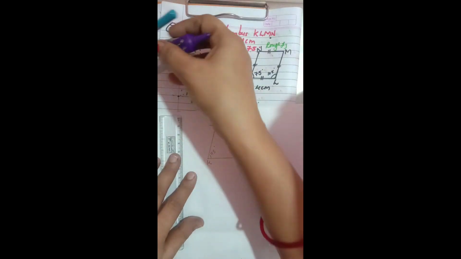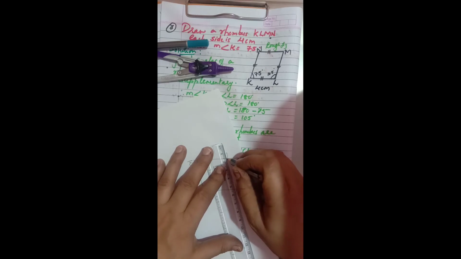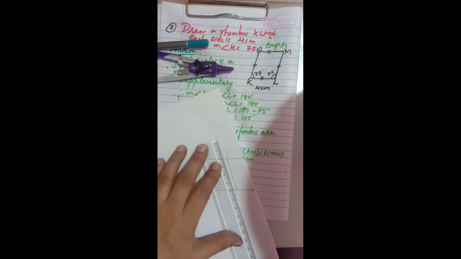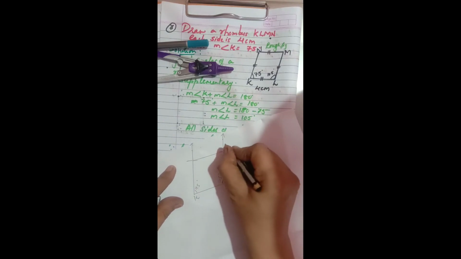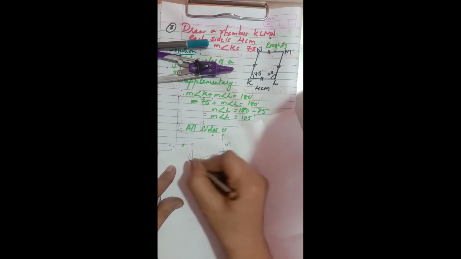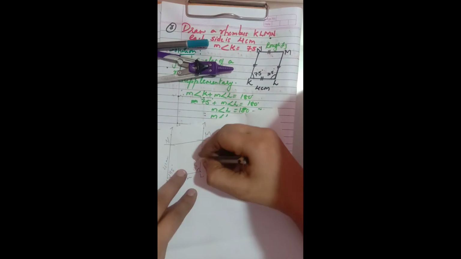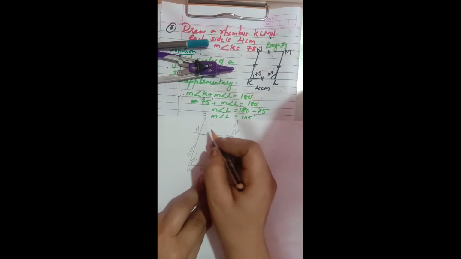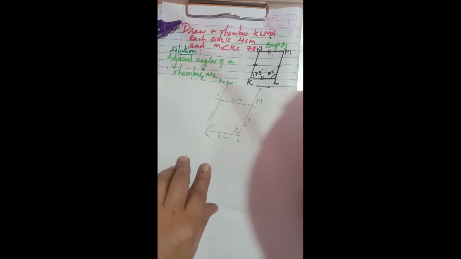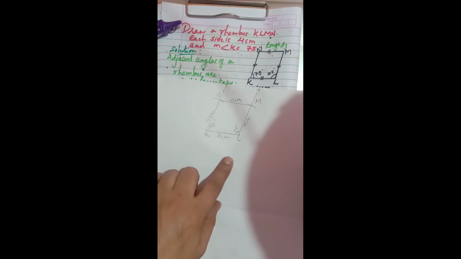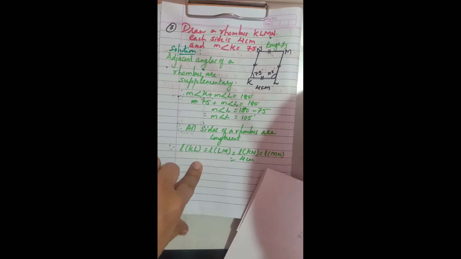Now take your scale and join the points where both the arcs cut the arms of the angle, that is your vertex M, this is your N. So KL is 4 centimeter, LM is 4 centimeter, NM is also 4 centimeter. Now this is the required rhombus with the given measures, that is KLMN, with each side 4 centimeter.